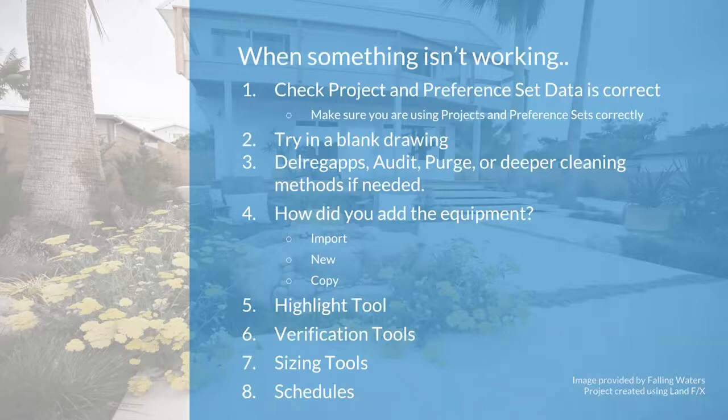The next one that sometimes is overlooked, because not a lot of people know how the inner workings of Landscape Effects work, tying data to each other, is how you actually add the equipment. We do have an import feature to pull from other projects, but the preferred way that we suggest adding equipment to your project is simply by clicking the new button.